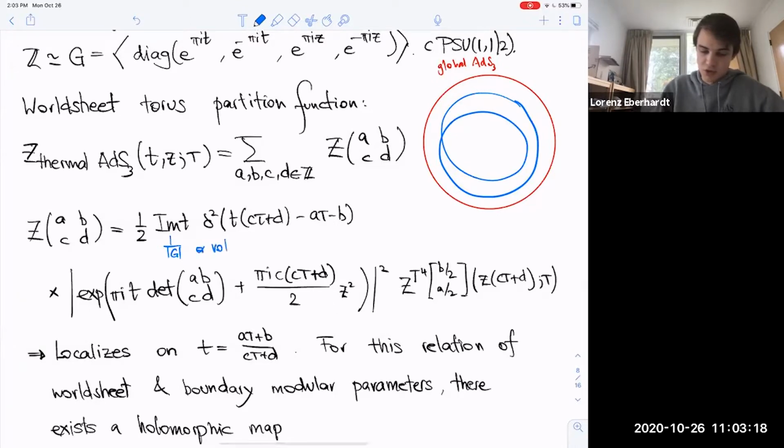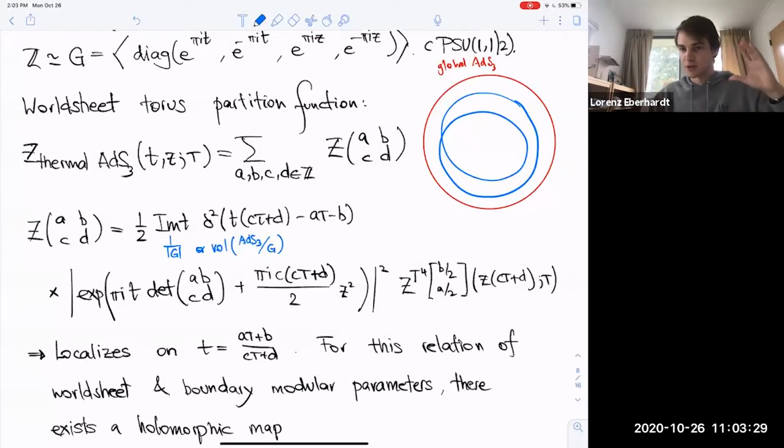It's proportional to the volume of the resulting orbifold space, so this should be proportional to the volume of thermal AdS3. And indeed, the volume of thermal AdS3 is the imaginary part of tau up to some factor of pi squared or something. So this is how this factor comes about. And then you get some very interesting factor that is a delta function. It turns out that this partition function is generically just 0.